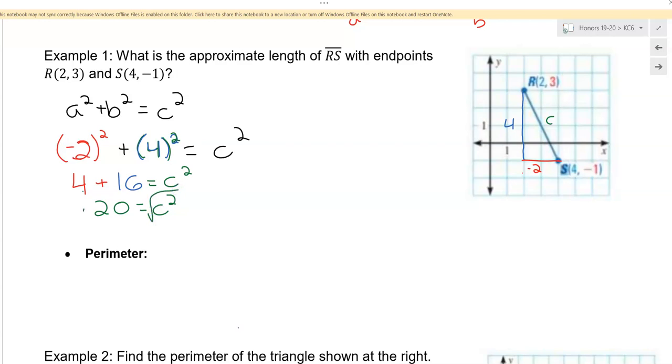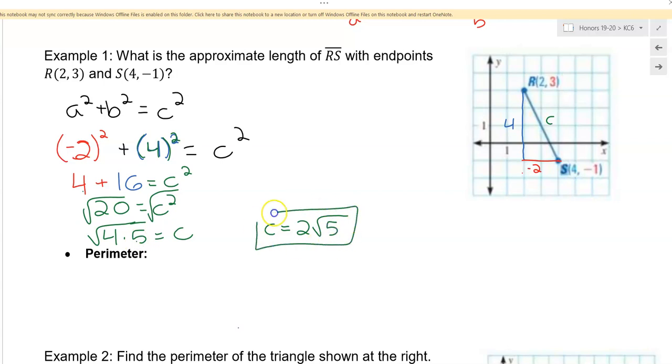When I take my square root, you cannot simplify the square root of 20 directly. You can take the square root of 4, and 20 is 4 times 5. The square root of 4 then is 2. You can't take the square root of 5. So my distance here is 2 square root 5.